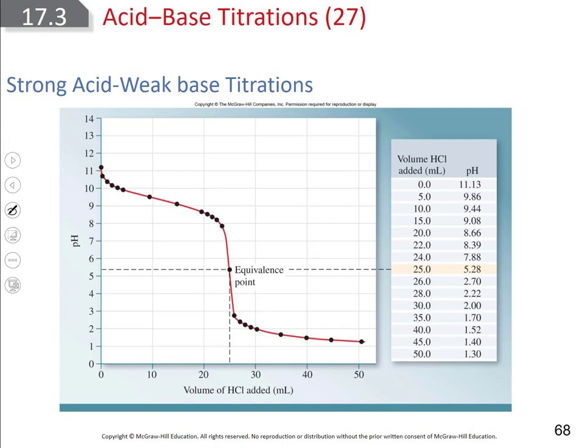So at the equivalence point right here, we have a pH of, looks like it's a little bit less than 5.5, which is slightly acidic, so that makes sense. We start off with a pH that is basic because we're starting off with ammonia. And then after the equivalence point, when we have all that extra acid, we have a very acidic pH.